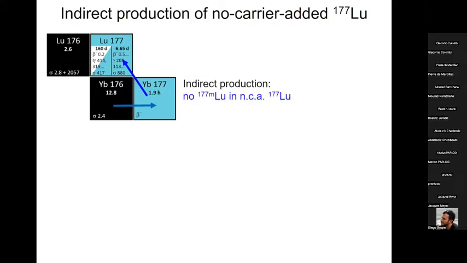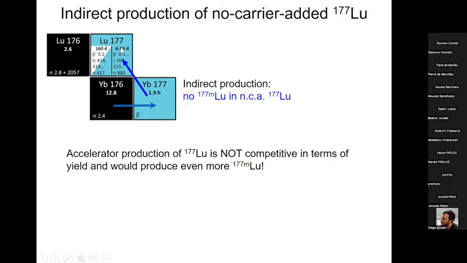And this so-called indirect production has a second effect that we will not produce or leave in the target material any stable lutetium, which would dilute our therapeutic action. So we get a much cleaner product.